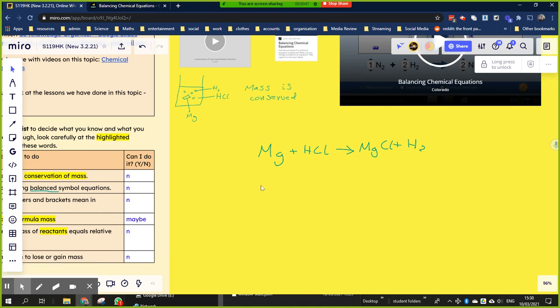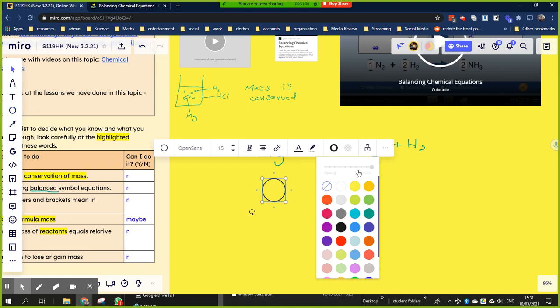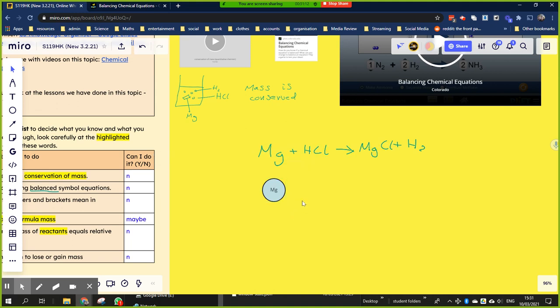I guess the way to think about it with a diagram would be to get some symbols, some circles like this, and make that a blue Mg, and then you've got the HCl.